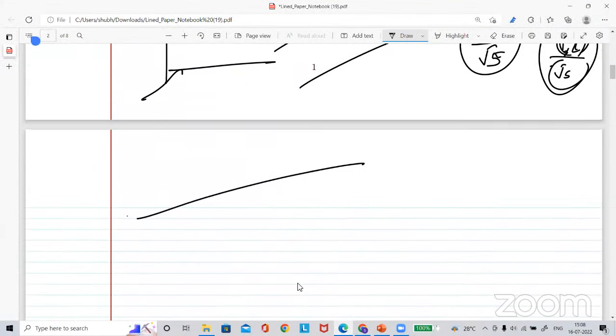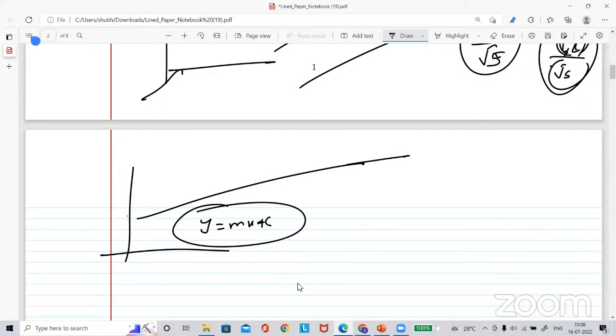Suppose you have a line in R2, y is equal to mx plus c. What is the direction of this line in terms of a vector? How will you get this?